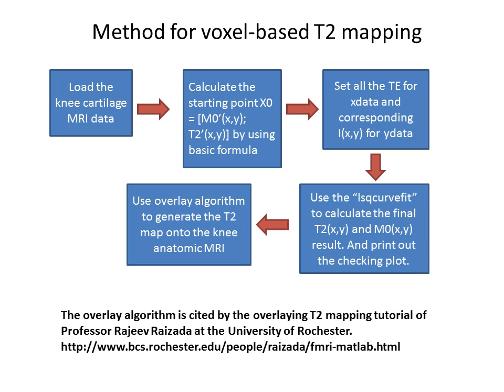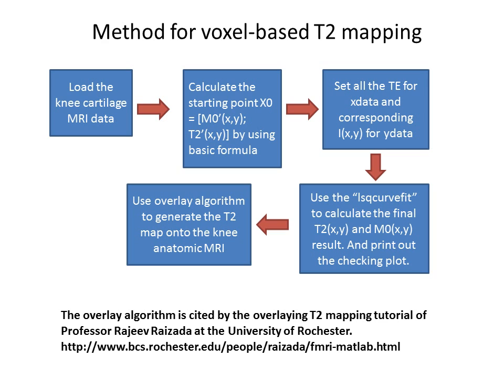Okay, now the details of the method of voxel-based T2 mapping. The first step is loading the knee cartilage MRI data, and then calculating the starting point S0, which contains the M0 naught map and T2 naught map, by using the basic formula.